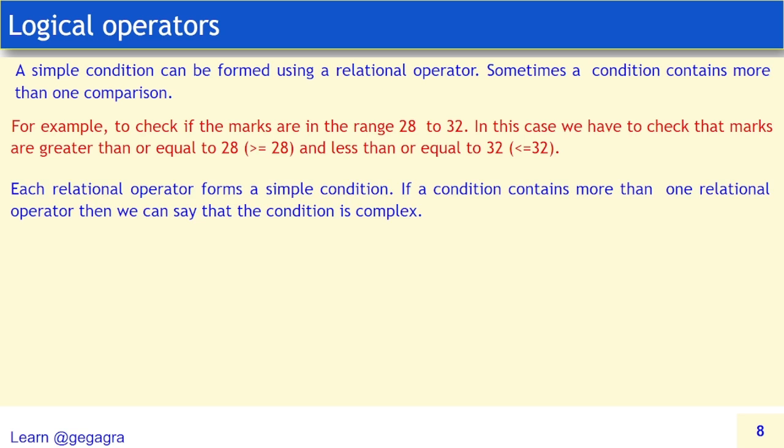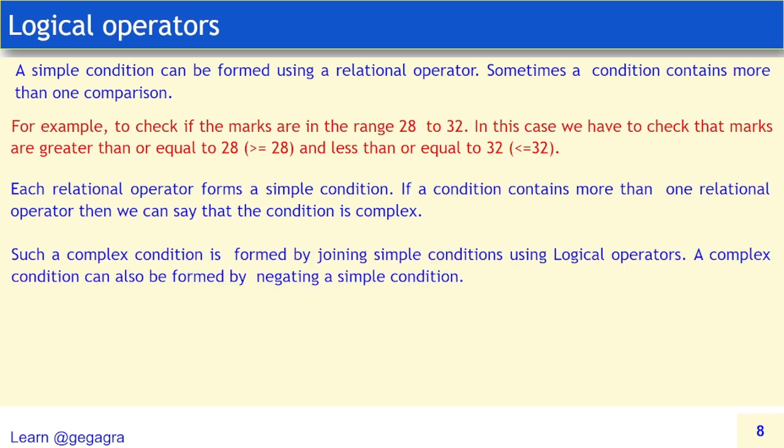Each relational operator forms a simple condition. If a condition contains more than one relational operator, then we can say that condition is a bit complex, because you are going to combine multiple conditions in one statement. Such a complex condition is formed by using simple conditions with the logical operators.